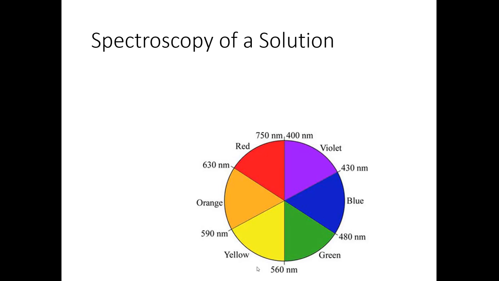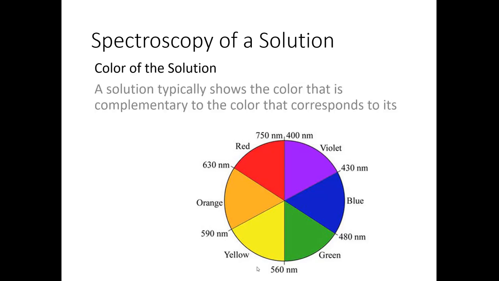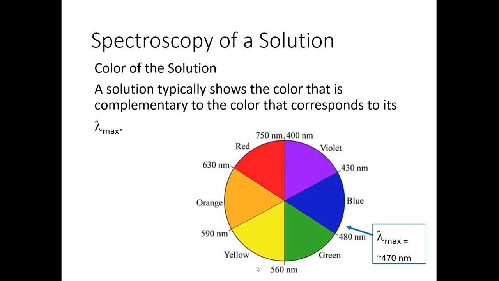One interesting thing here when we do a spectrum is that, going back to the color wheel that you may have seen in art classes, the color of the solution is typically going to be complementary to the color that corresponds to its lambda max. So for example, in the previous chart, we saw that the maximum absorbance occurred at a wavelength of about 470 nanometers.